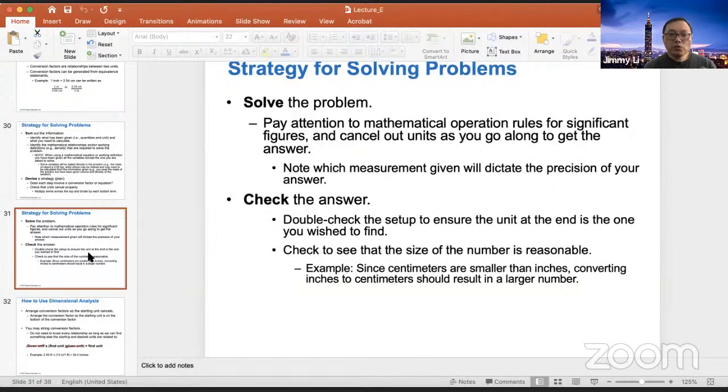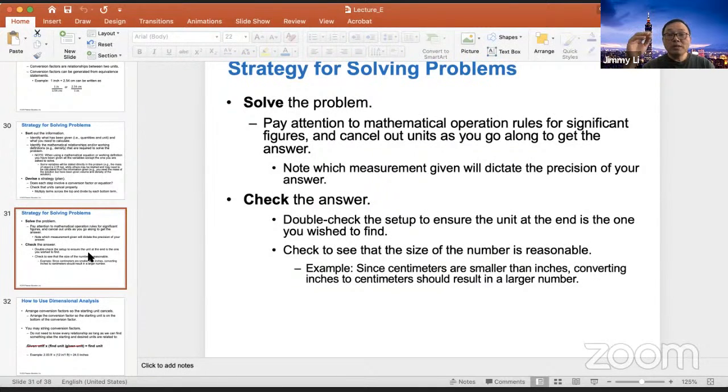Whenever you try to solve that problem, sometimes the common mistake we make here is we write the wrong order of a conversion factor here. Let me give you some examples here.